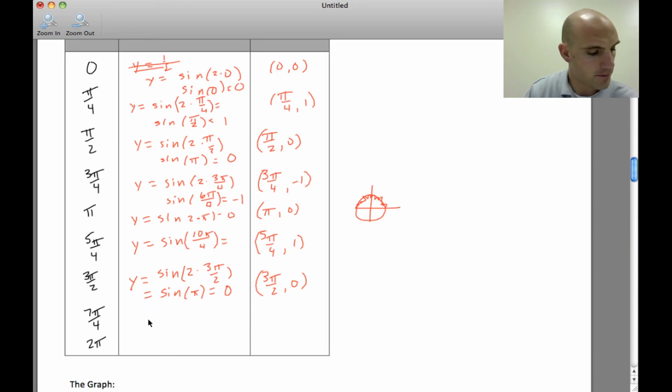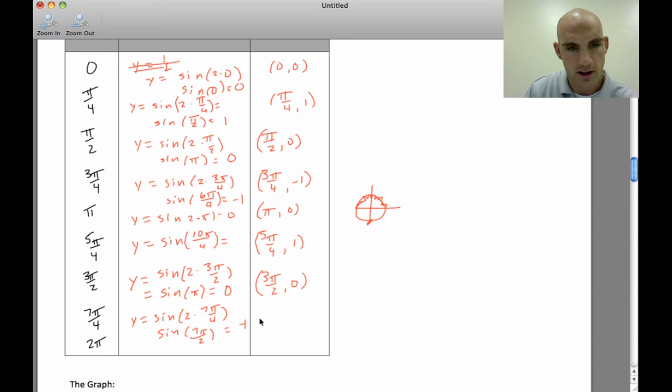7 pi over 4 is equal to sine of 7 pi over 2, which we know is 3.5 pi's. Okay, so if we have 3.5 pi's, we go here and then another half, so we'd be down in this area here.